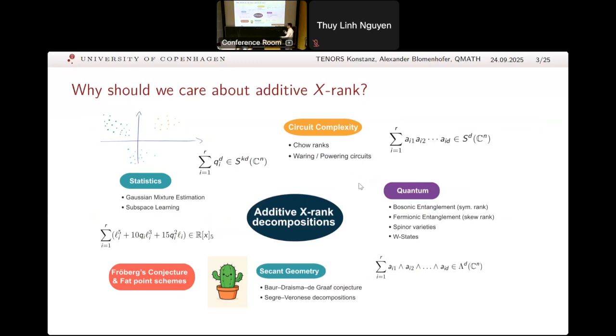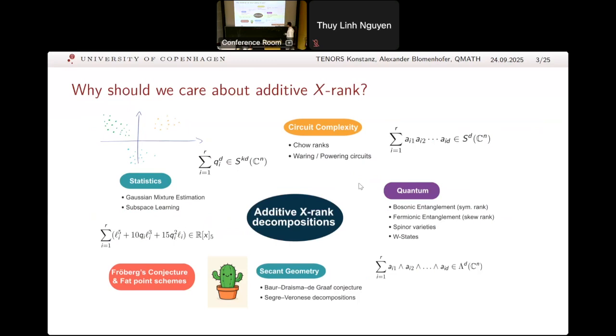But if there are other particles, for instance electrons, or basically all particles that make up matter, they have a different symmetry. They are not bosonic symmetric, they are fermionic, which basically means in tensor language that the tensor is antisymmetric. It lives in an alternating power. And for them, a pure product state, an unentangled state, is actually a wedge product. So that's why looking at sums of wedge products makes sense, for instance, from a quantum perspective.